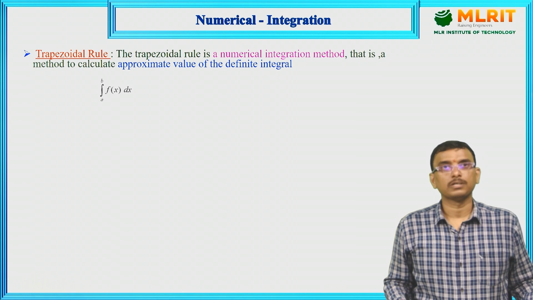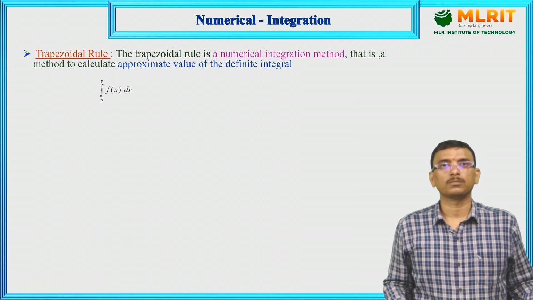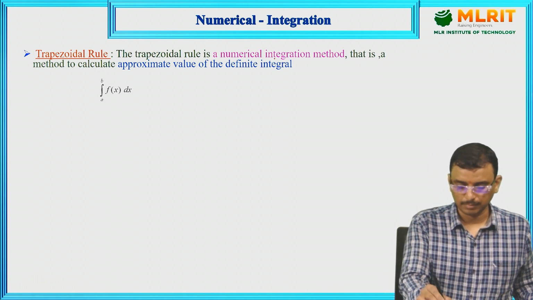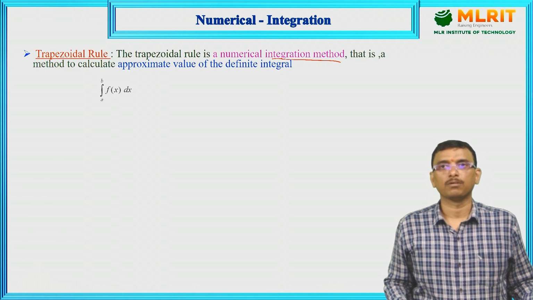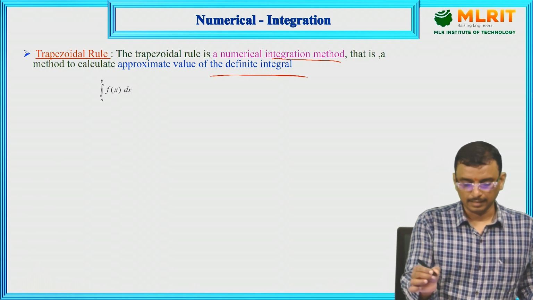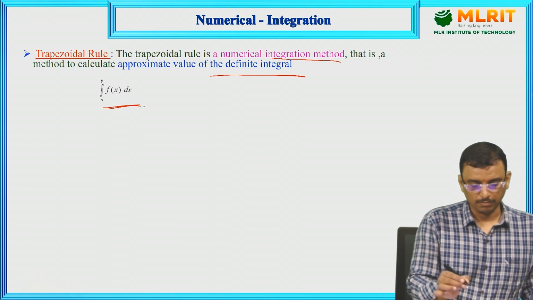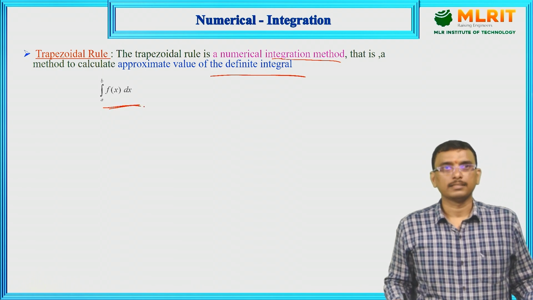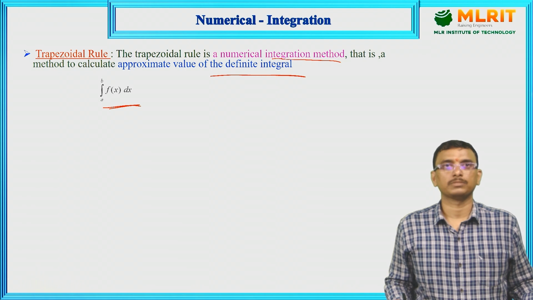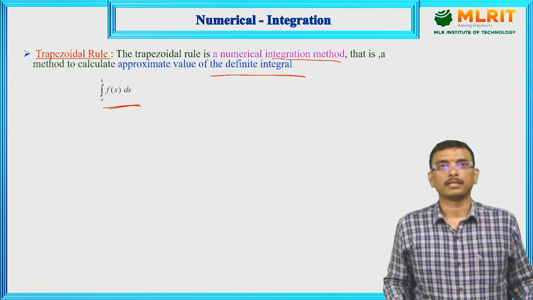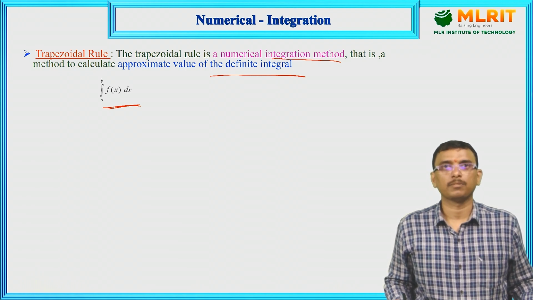Now the trapezoidal rule. The trapezoidal rule is a numerical integration method used to find the approximate value of the definite integral a to b f of x dx. It is also called a numerical quadrature formula.